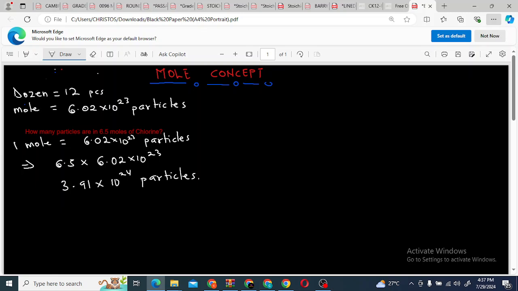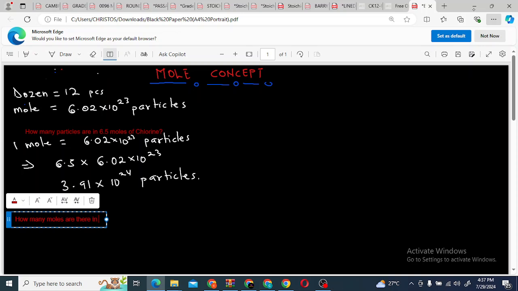Let's take a look at another example. How many moles are there in 9.14 times 10 to the power 24 particles?